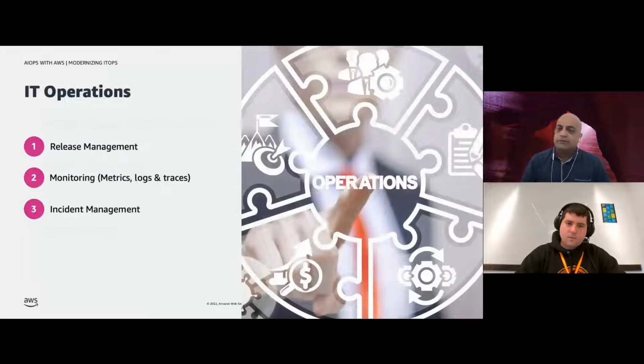So let's get started. Now, before we start our discussion and really dive deep into AIOps with AWS, I'd love to set up some expectations on where within IT operations we want to focus our particular discussion today. When we speak about IT operations, I've pictured it very broadly into 3 categories.